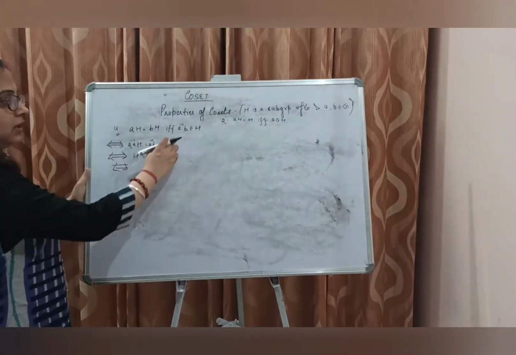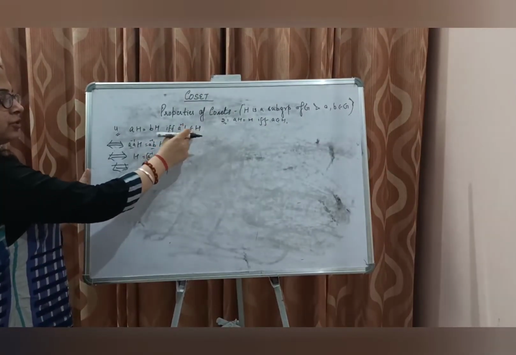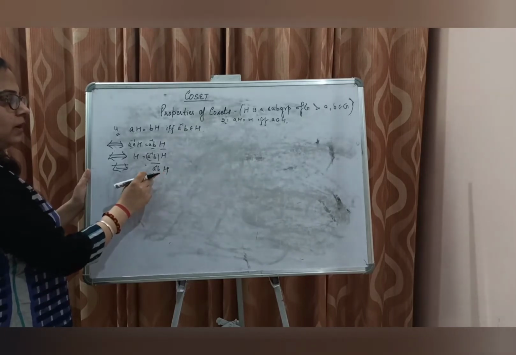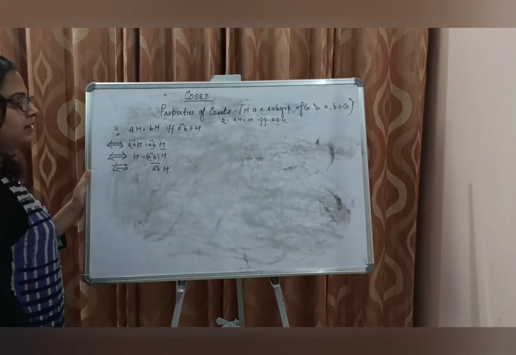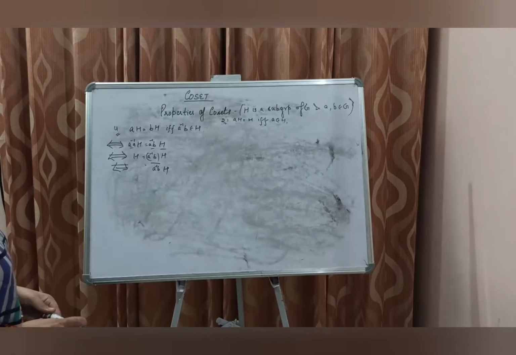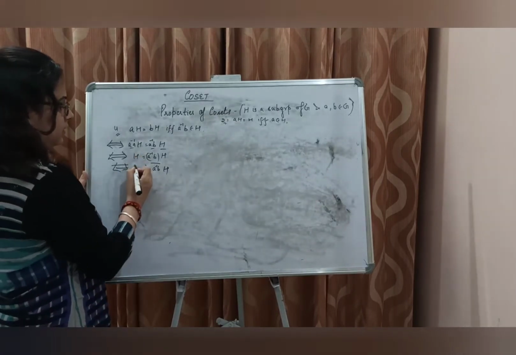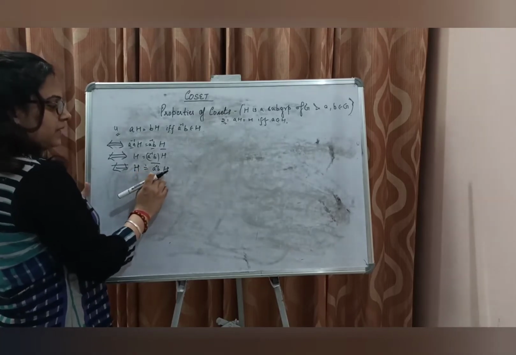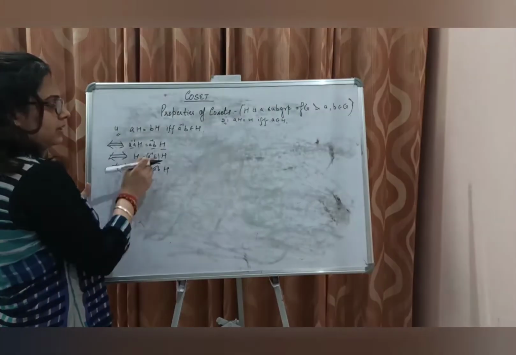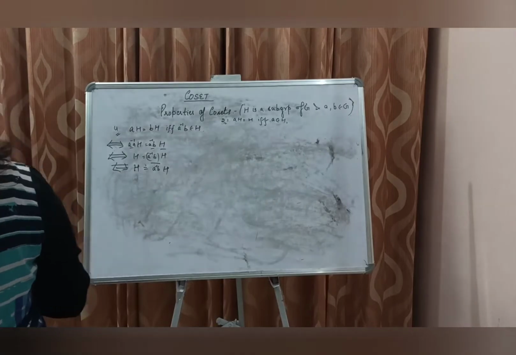Conversely, if A inverse B belongs to H, then this into this will belong to H. Therefore A inverse BH is equal to H, and hence AH is equal to BH. So this was the fourth property.